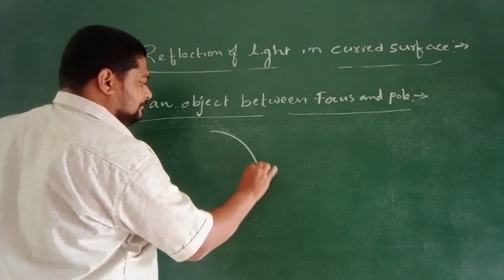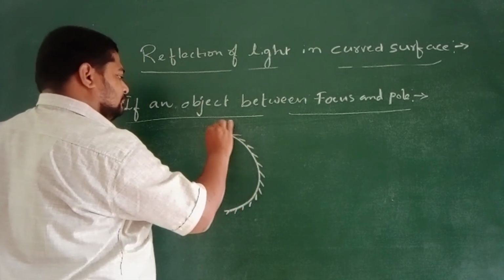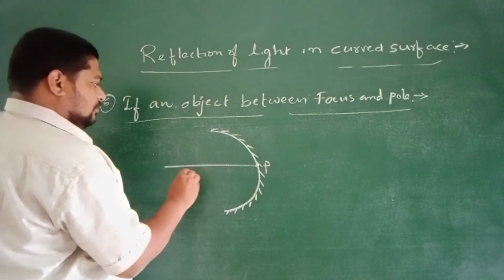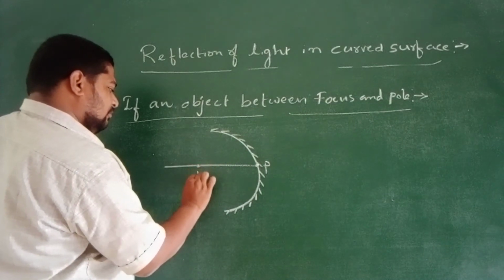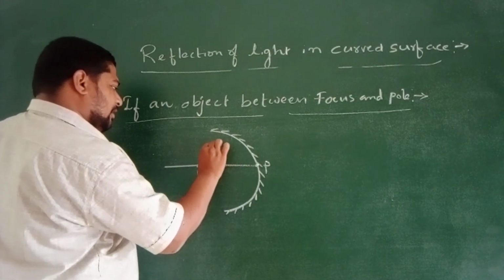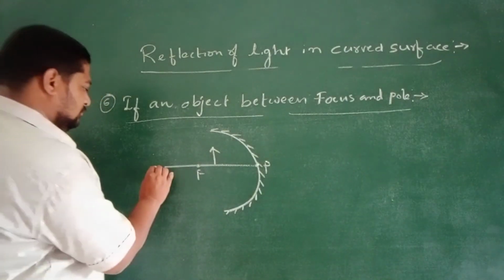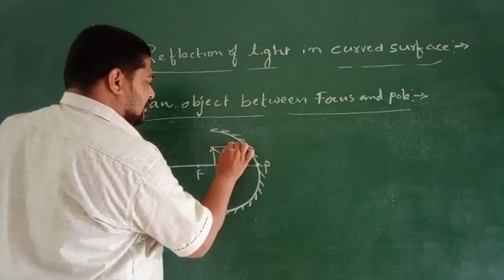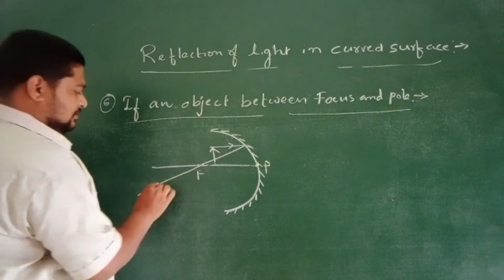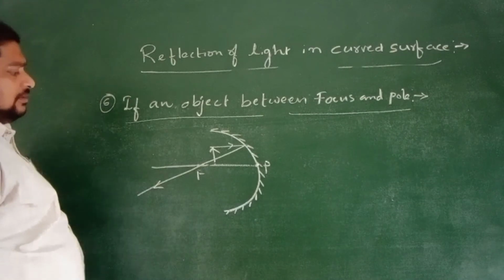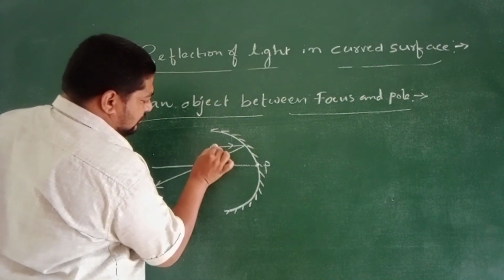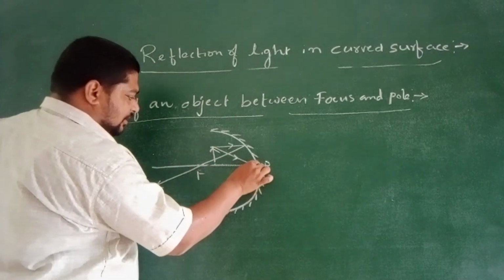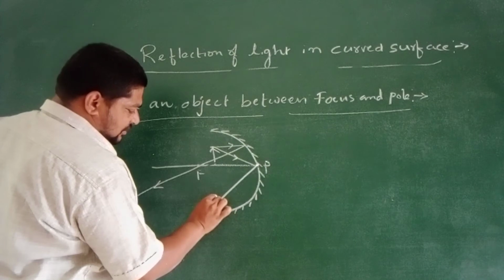It's a concave mirror. So we will take focus here, and the object we have to take here. It is parallel to the principal axis. After the reflection, it passes through focus. Another ray obeys the laws of reflection: if it is incident at a certain angle on the concave mirror, the angle of reflection is the same.